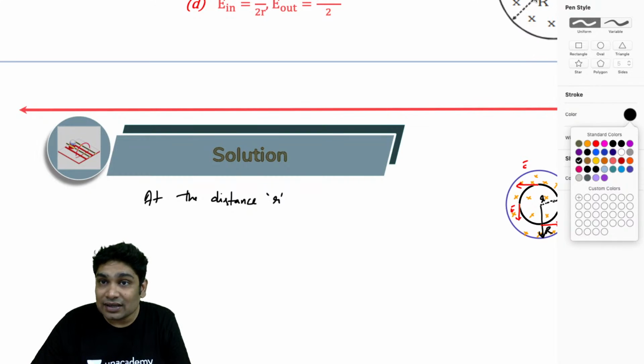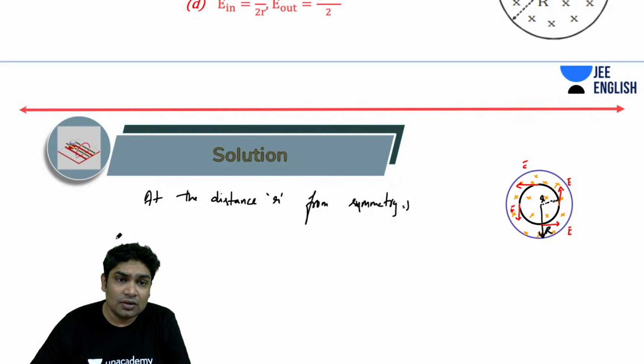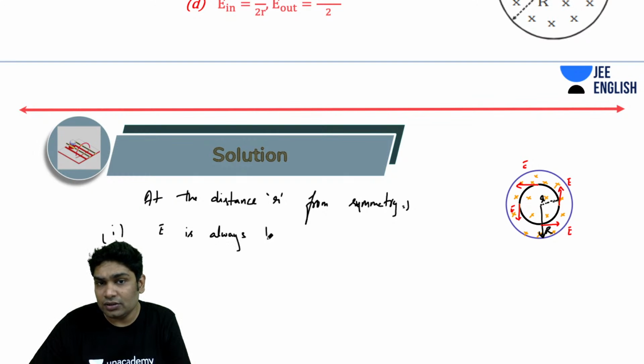At a distance r, from symmetry, I can conclude two things. So one, E is always tangential to the loop.